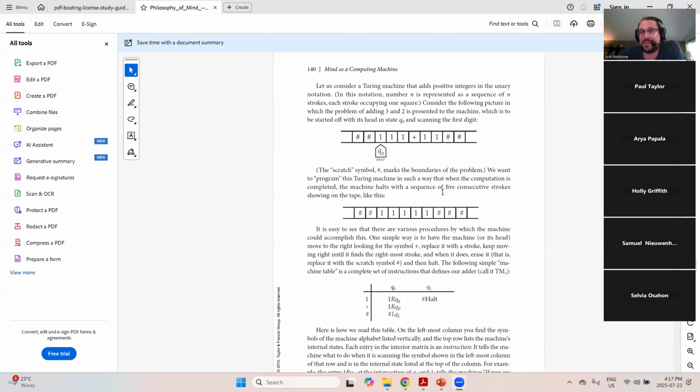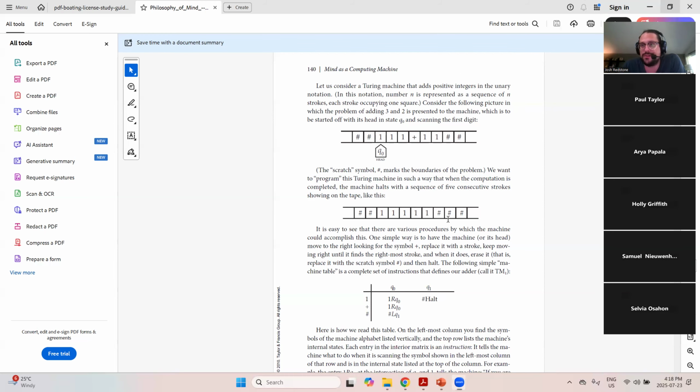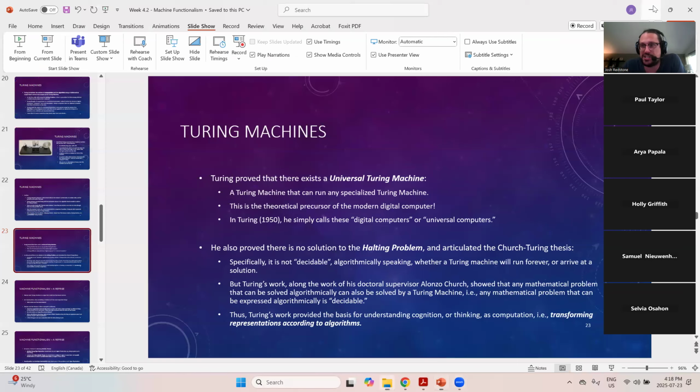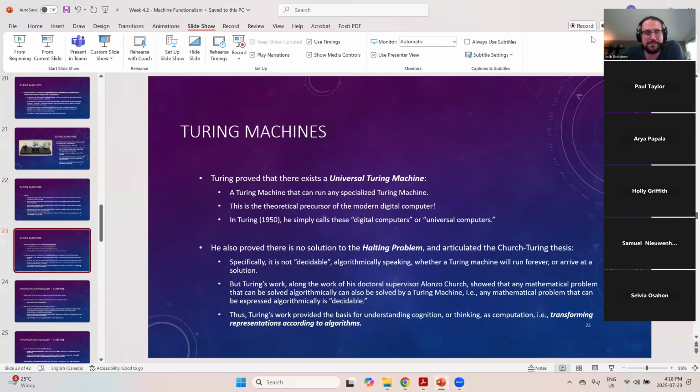That's all there is to it. That's all you need to know. You don't need to be concerned with the particulars of the symbols or particular problems. You just need to know that we have an initial state, a goal state, and this machine table represents all the steps the machine goes through to get from here to here. That is it. That's in a nutshell what the Turing machine is doing, right?